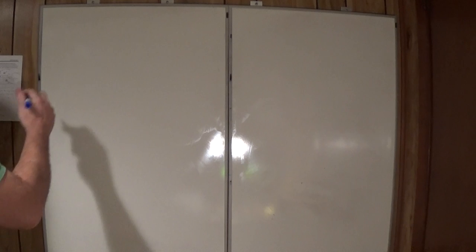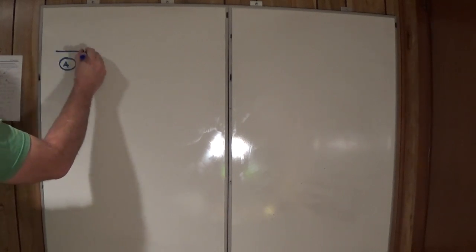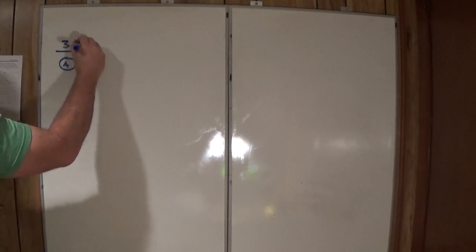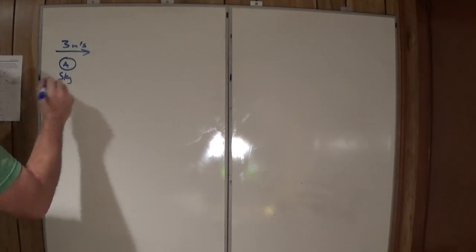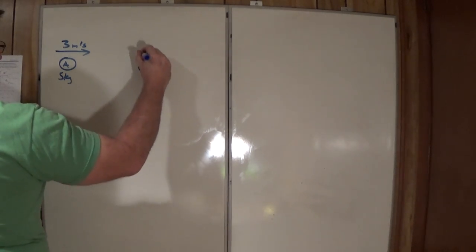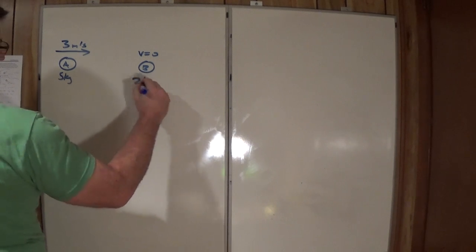So we have object A, which is moving in this direction at 3 meters per second, and it's a 5 kilogram object. It collides with object B, which is at rest and has a mass of 2 kilograms.